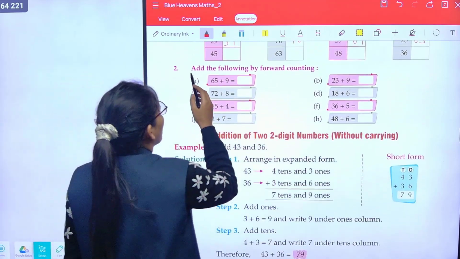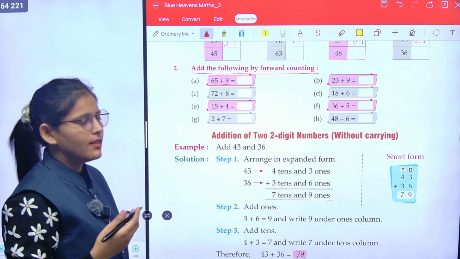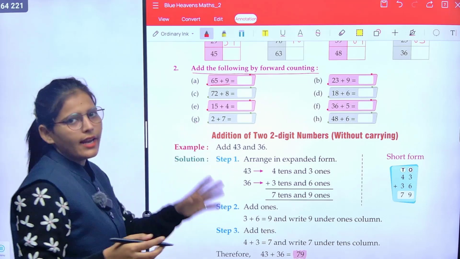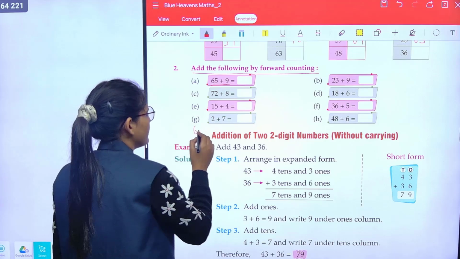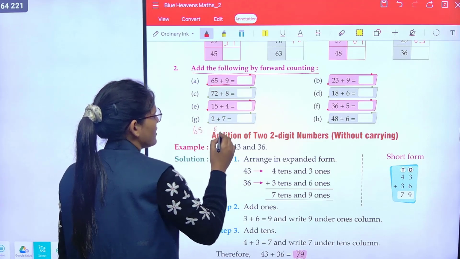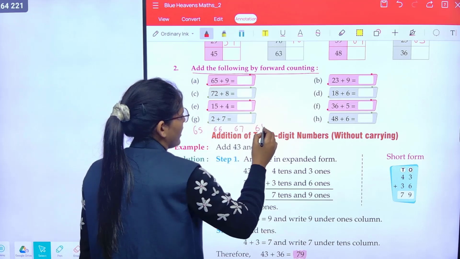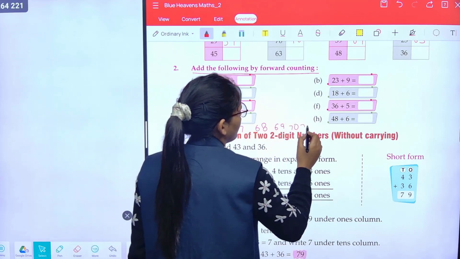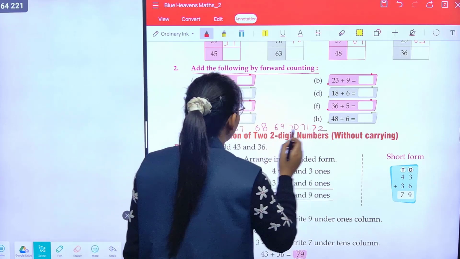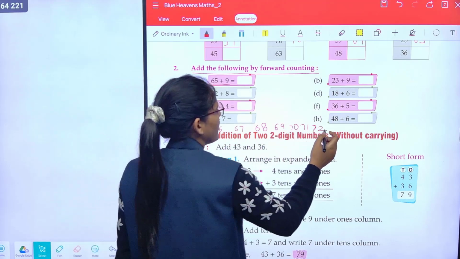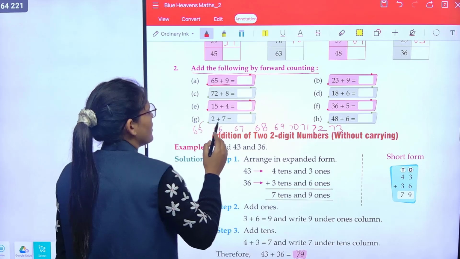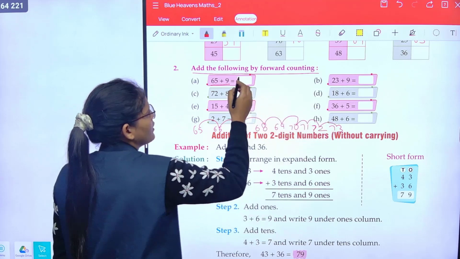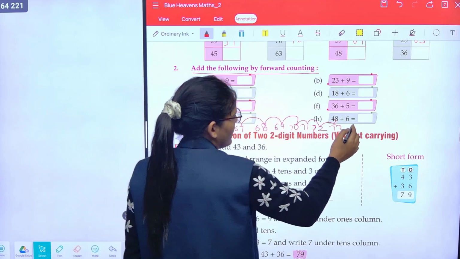Now add the following by forward counting. Now class, 65 plus 9. So now we have to move forward 9 steps. 65, 66, 67, 68, 69, 70, 71, 72, 73, and 74.